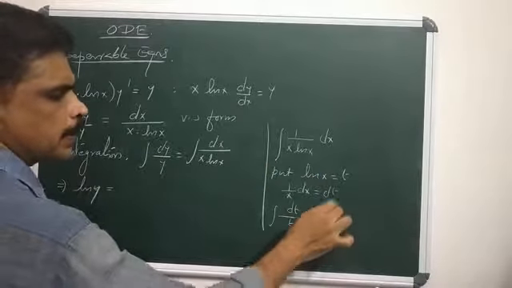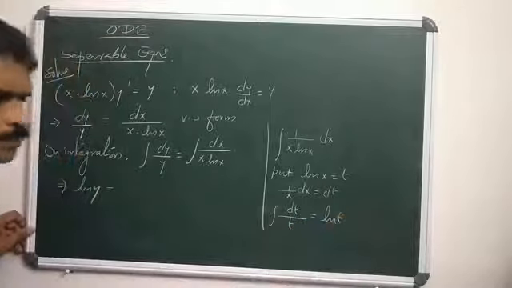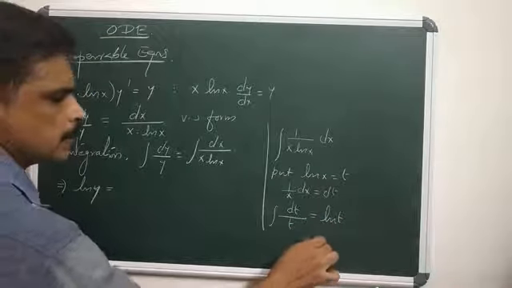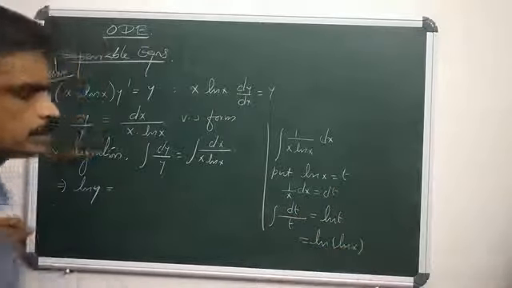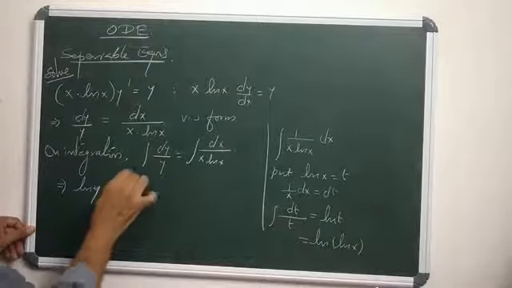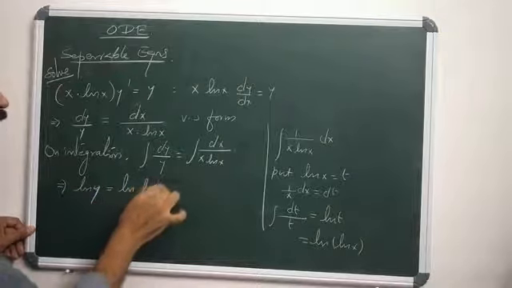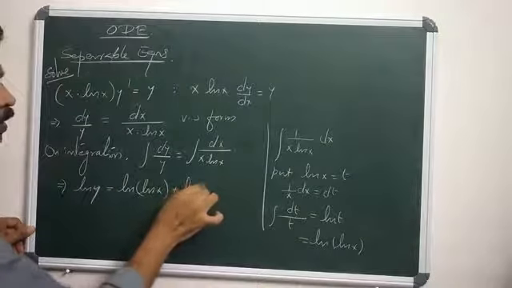Integral dt by t means it is log t. But what is t? t is log x, so it is log of log x. Okay, so it is log y equals log of log x plus constant c.